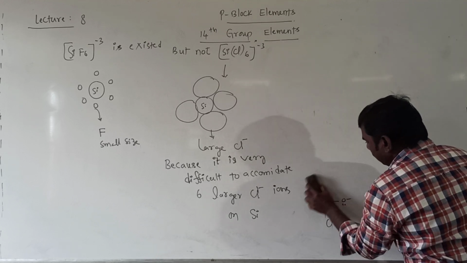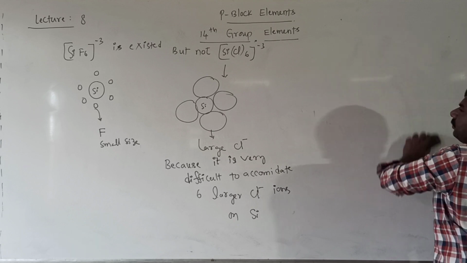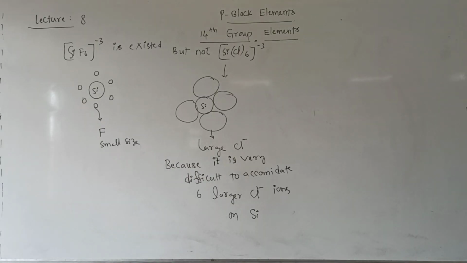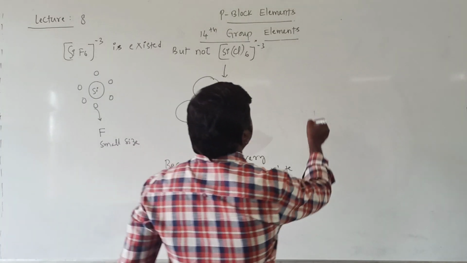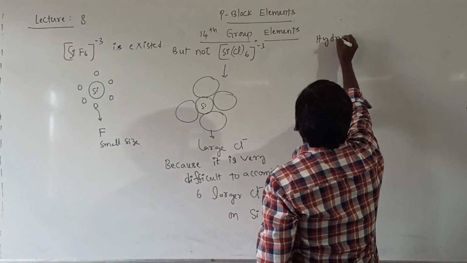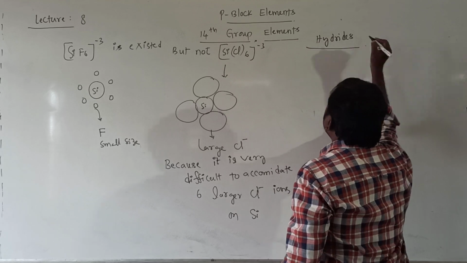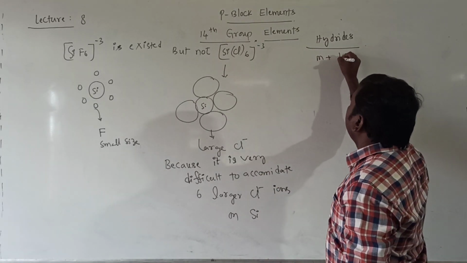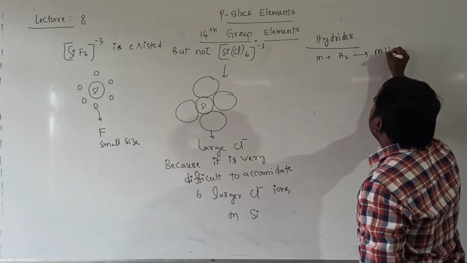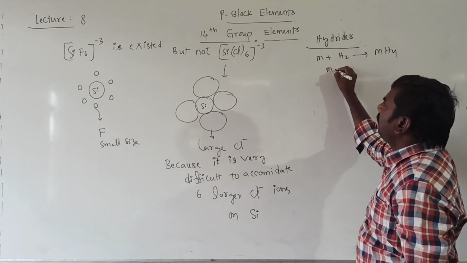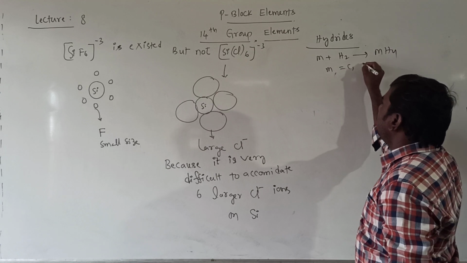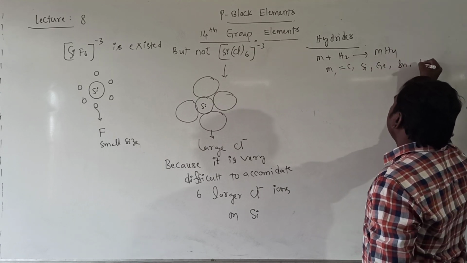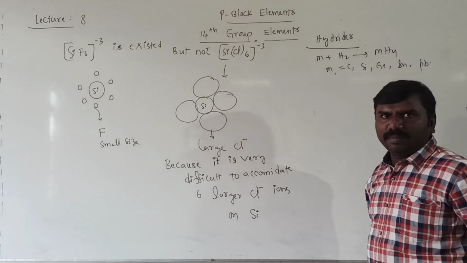Next one, thermal stability of hydrides. Hydrides means hydrogen combined with these elements, M plus H2 gives rise to MH4, where M equals carbon, silicon, germanium, tin and lead. These are the elements.